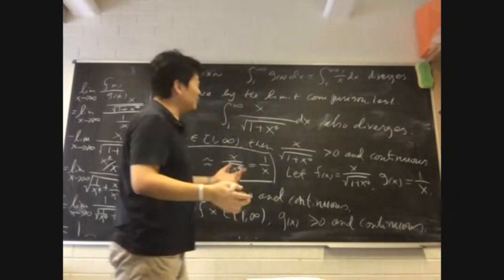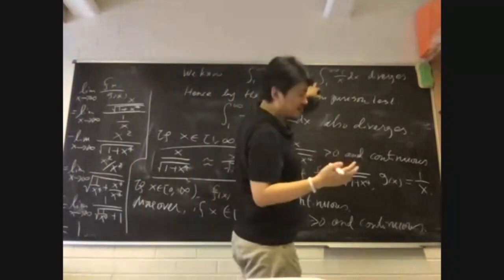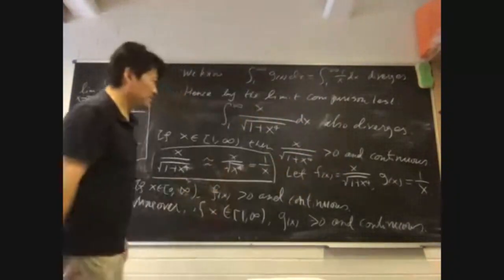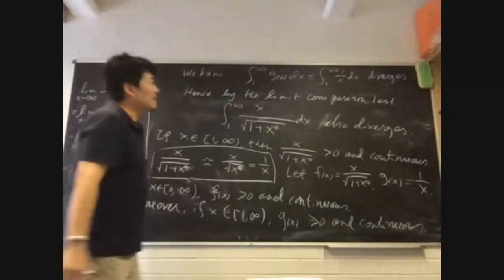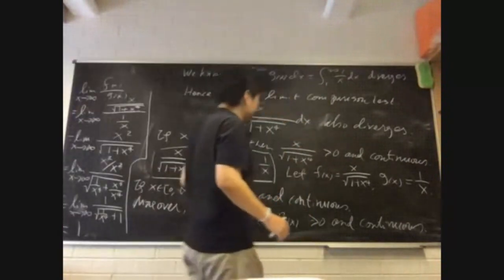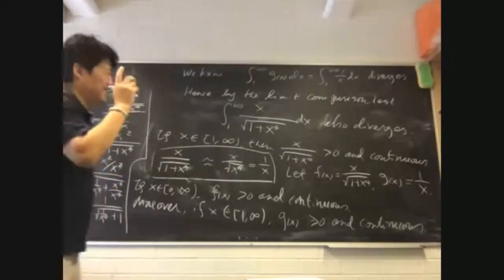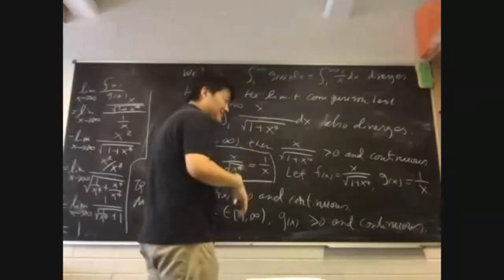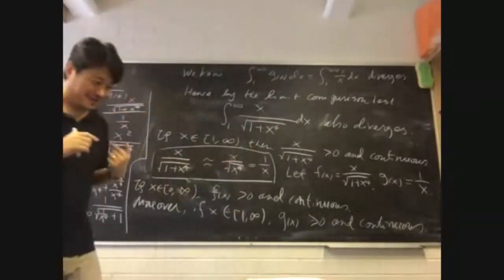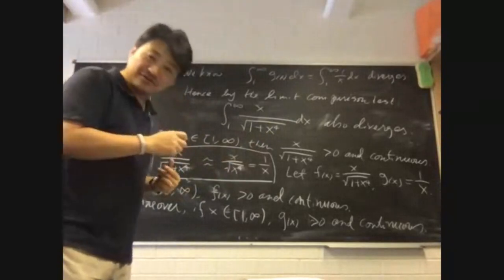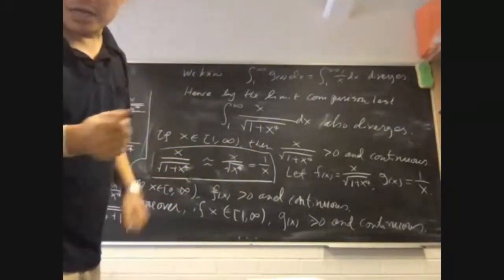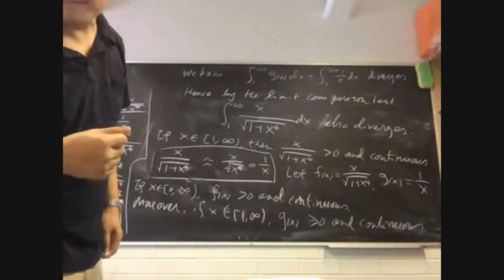And since I know one of them diverges, by the p-test or just by simple evaluation, the other one also must diverge. All right, any questions on that?